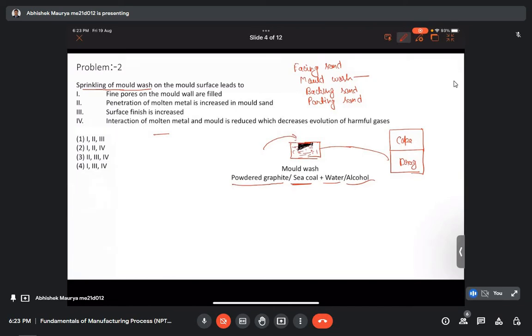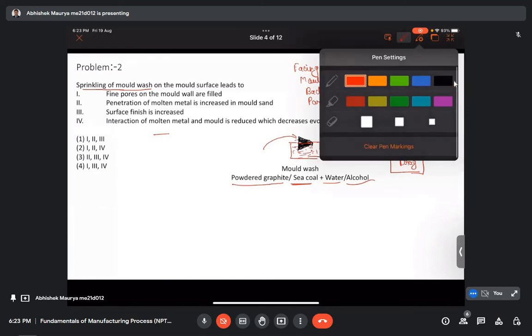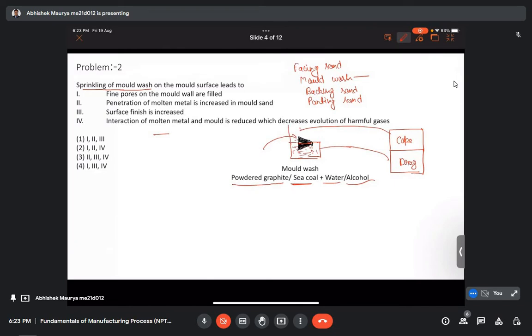After that, we will put the second half of the pattern over it, and now we will bring the cope, and again we will start filling with the sand, and after that we will do ramming to compact the sand, and then we will remove the cope, and then we will remove the pattern also.